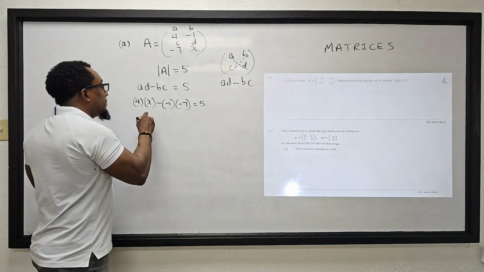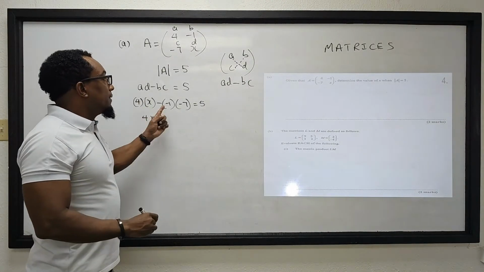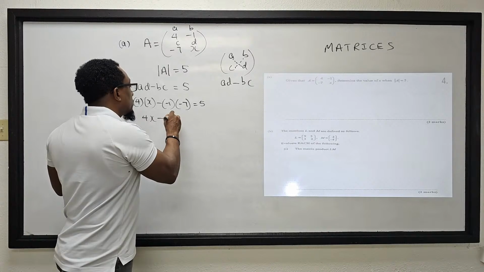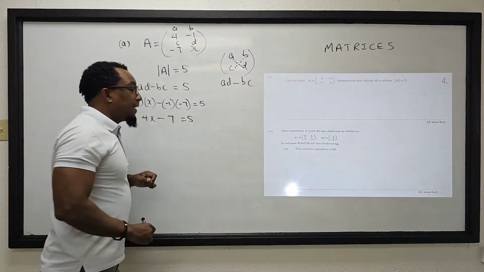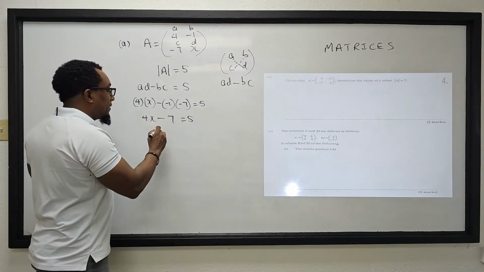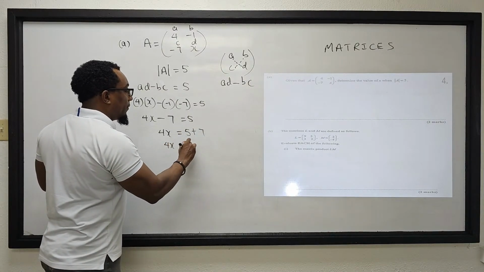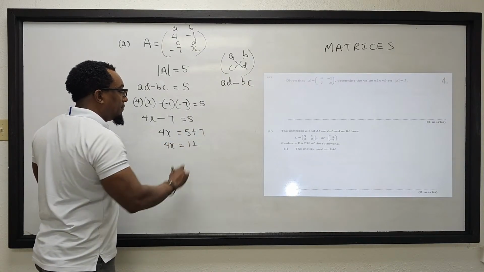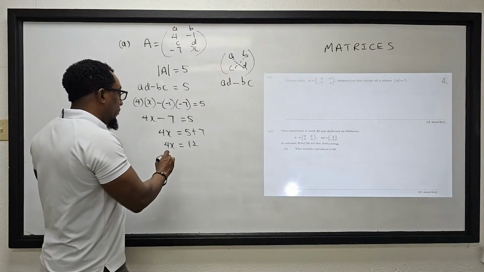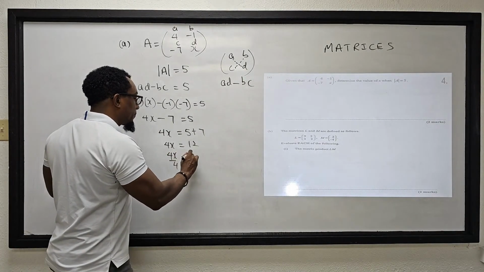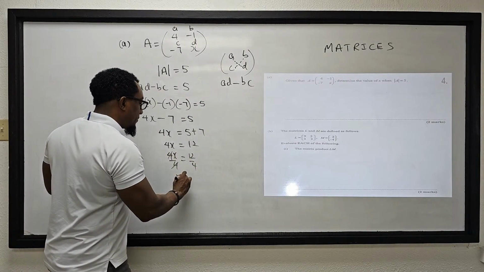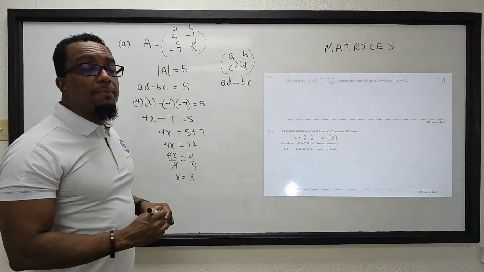So 4 by x will be 4x, subtract negative 1 by negative 7 is positive 7, is equal to 5. Let's solve for x. I'm going to add 7 to both sides. 4x is equal to 5 plus 7. 4x is equal to 12, and therefore I can divide both sides by 4. x is equal to 3. So that's my value of x.